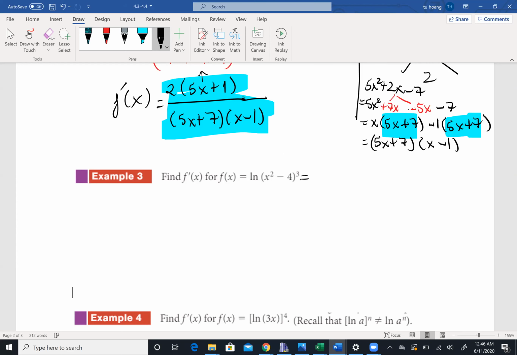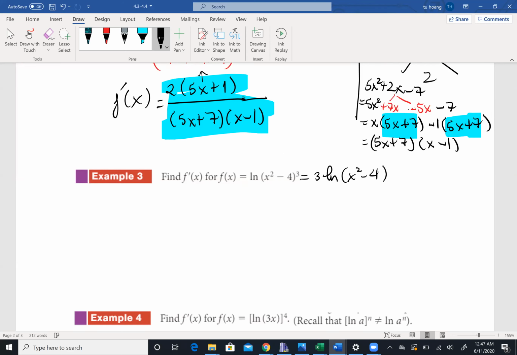So I would like to apply the properties of the ln by making the power of the argument become the coefficient of the ln. I will make it equal to 3 ln of x squared minus 4.